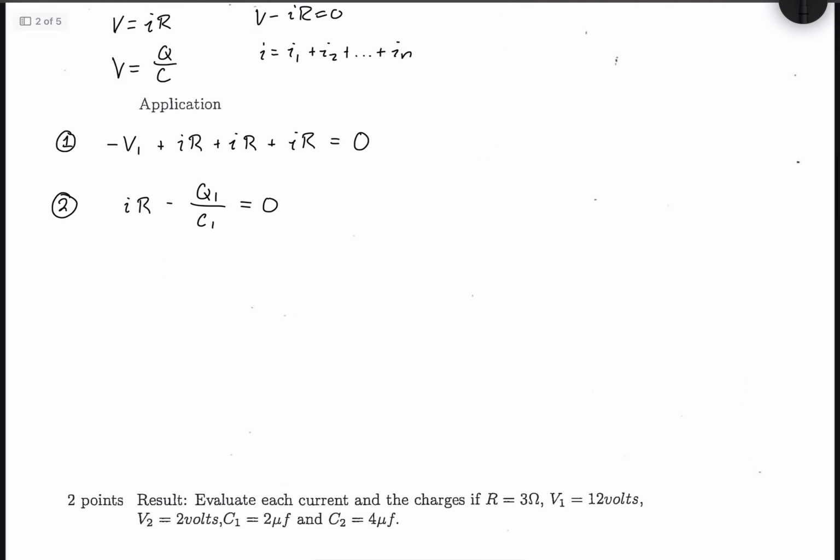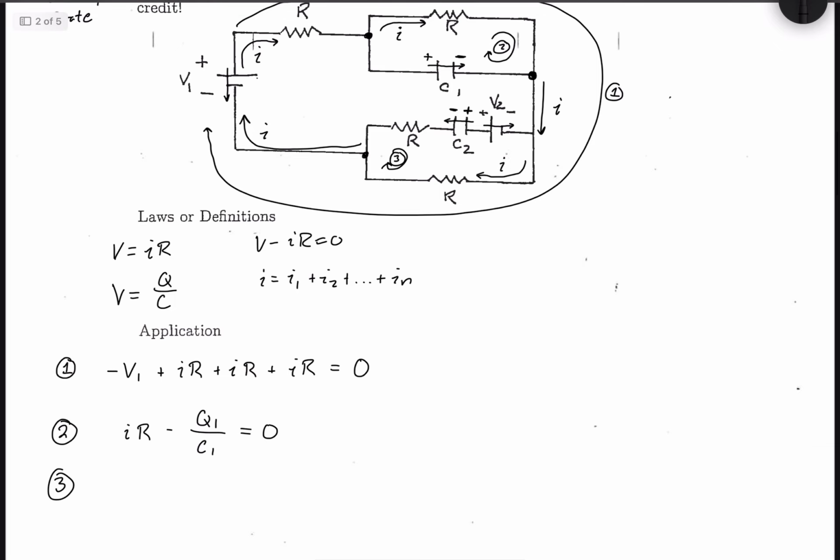Then we have loop 3. So we have negative Q2 over C2, plus, or actually we could do plus V2 plus IR. That equals 0.